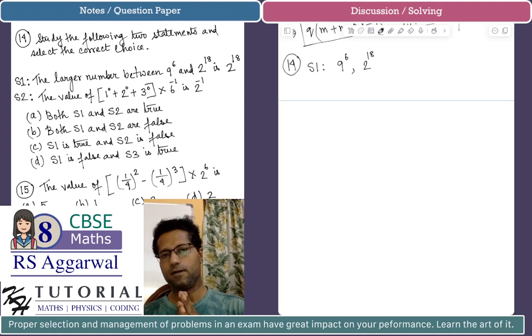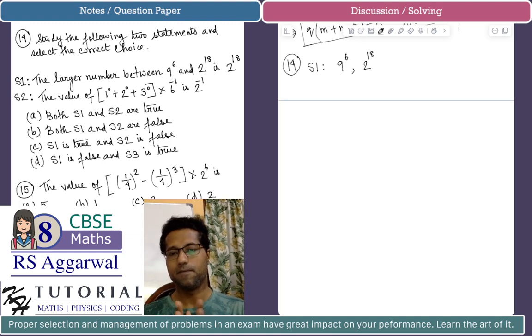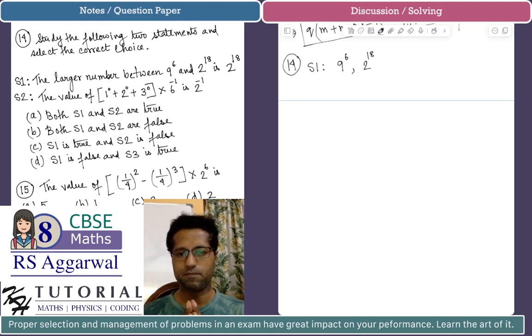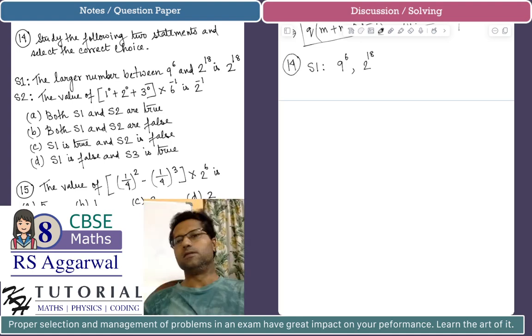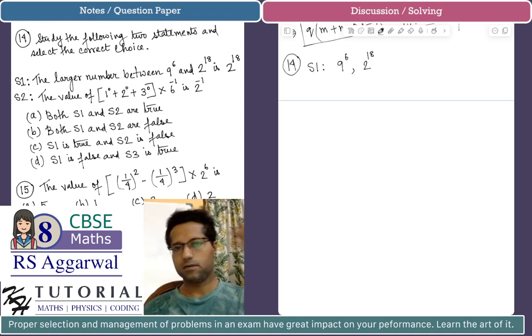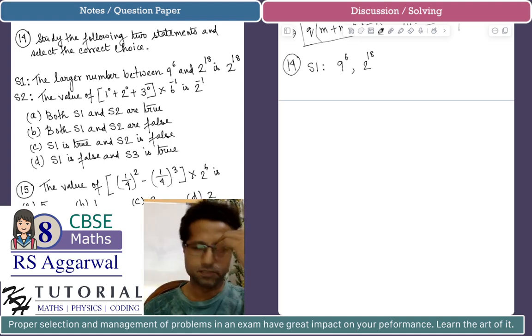Or if you can express both with the same base, then you can compare the powers. If the base is the same, whichever has the larger power will be larger. And if the power is the same, then the exponential term with the larger base will be larger.